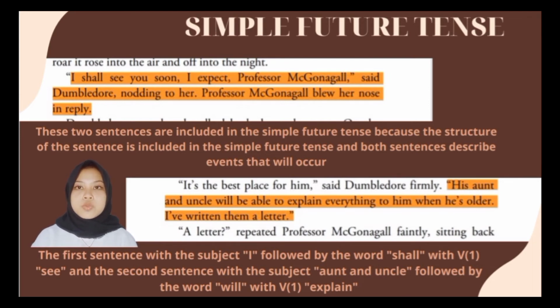The first sentence has the subject I followed by the word shall with verb 1 see, and the second sentence has the subject aunt and uncle followed by the word will with verb 1 explain.